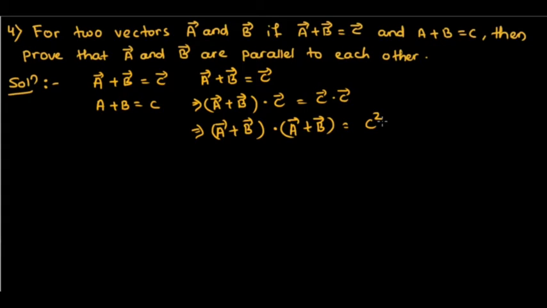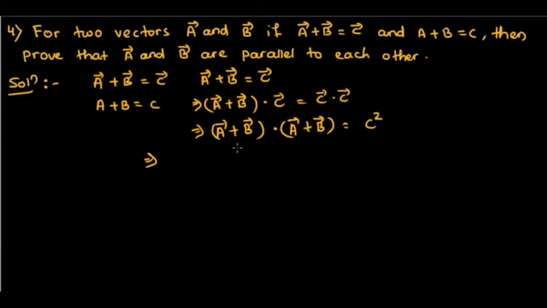We have discussed in the previous class the self dot product, that means a dot a is equal to a square, b dot b equal to b square, similarly c dot c is equal to c square. Okay, so now let us find the value of the left side, a vector plus b vector dot a vector plus b vector.